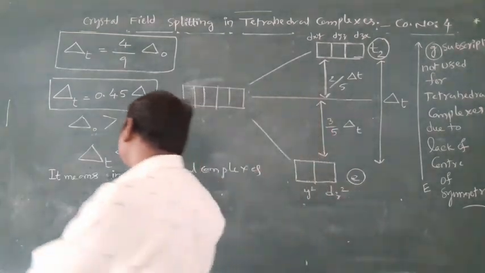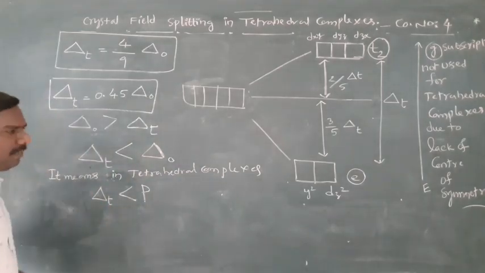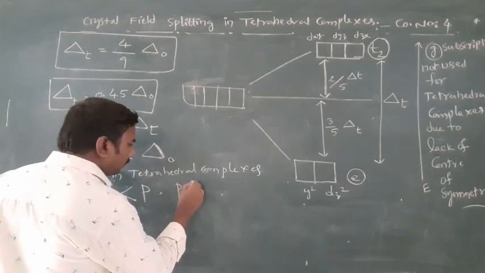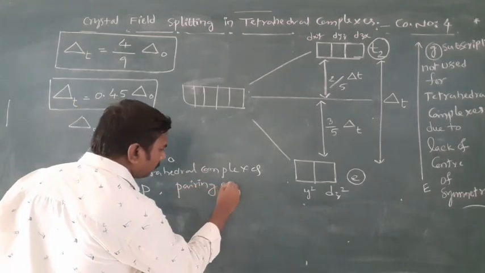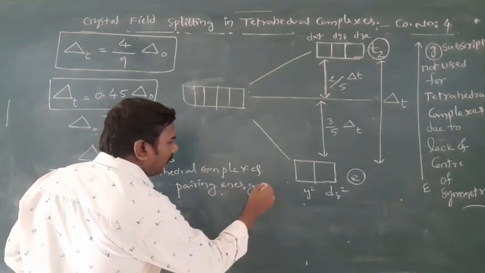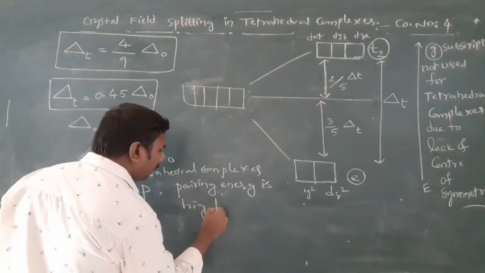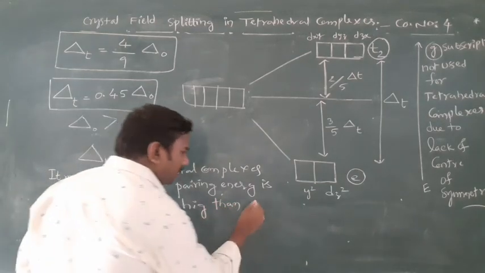Write that matter. Delta T less than P means pairing energy is high than splitting energy.